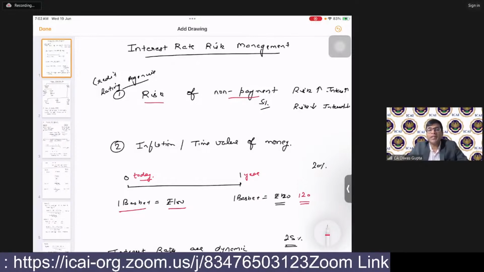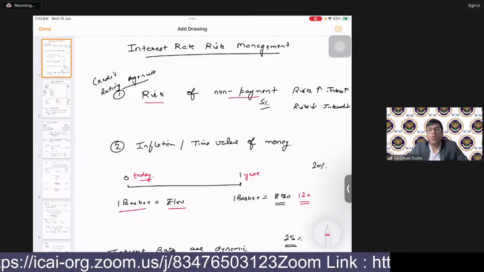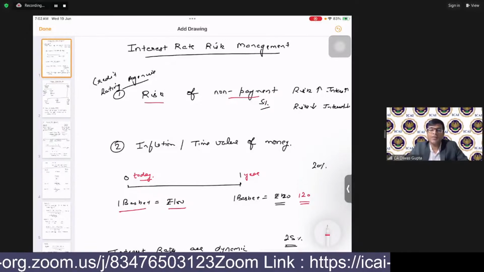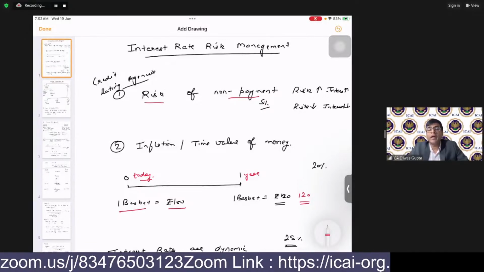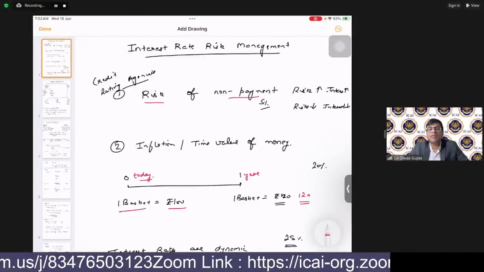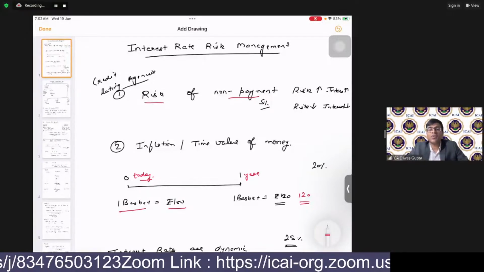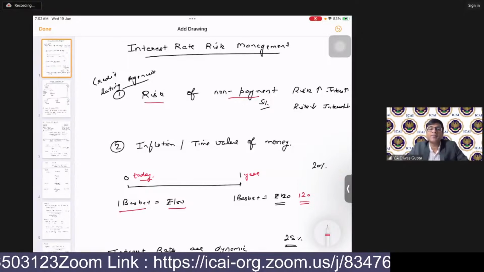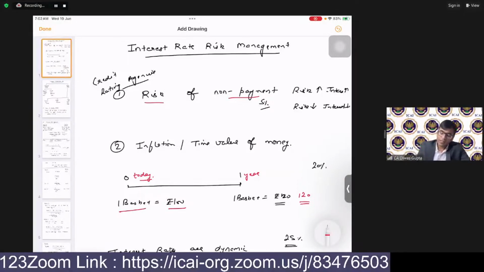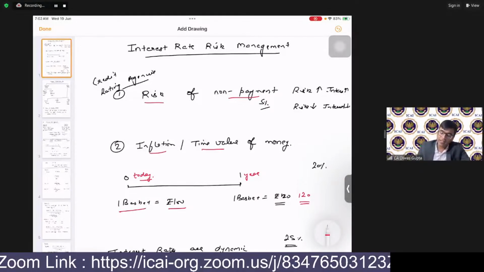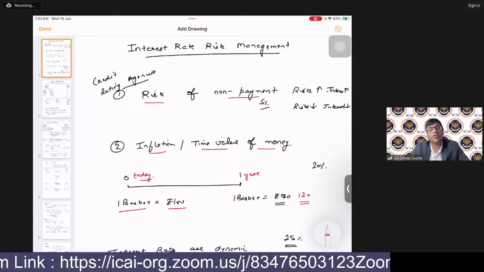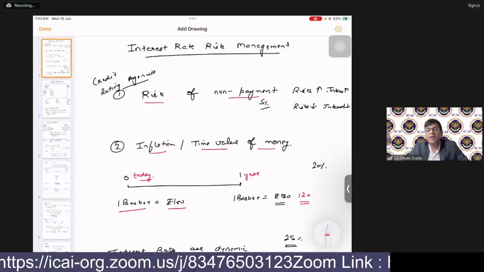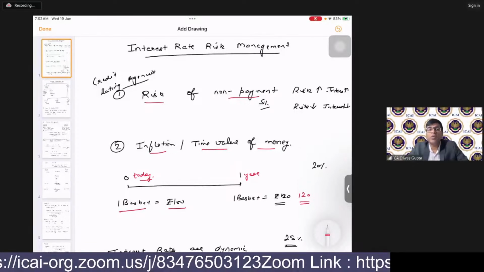So don't you think, students, the value of the rupee has gone down? Yes, because earlier only 100 rupees used to give me one standard basket of goods, which now 120 rupees is giving me. That is why we call this inflation or time value of money, by whatever name we want to call it, because money will lose its value.